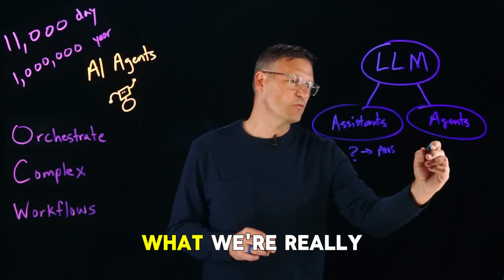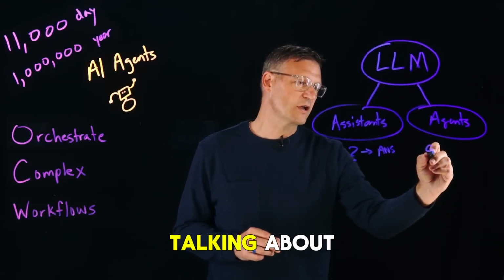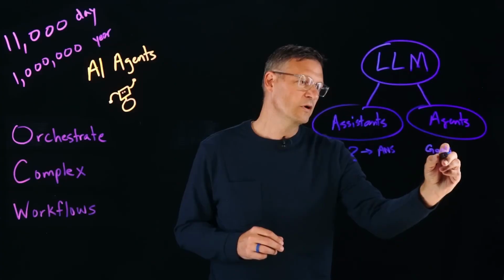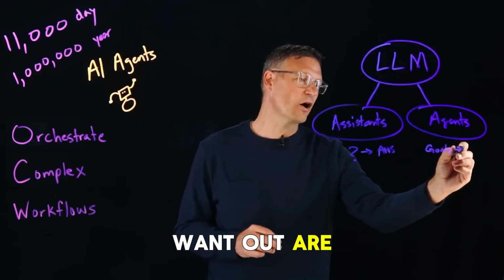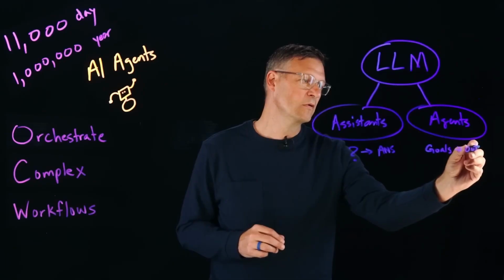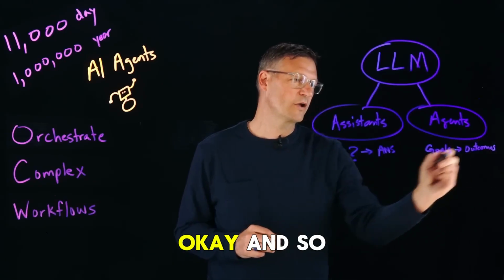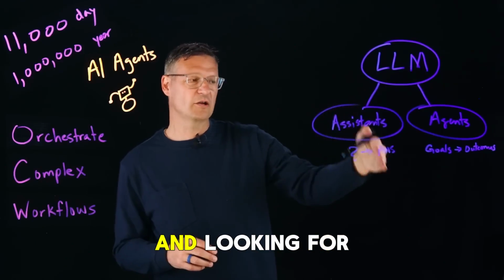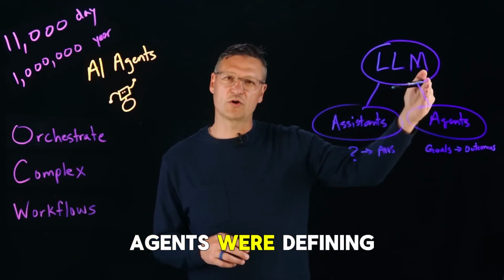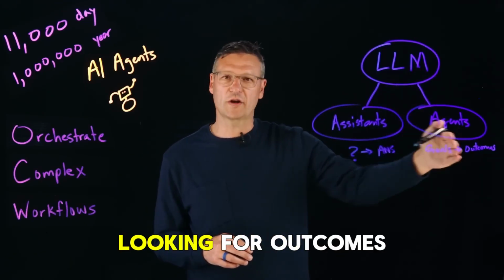So with agents, what we're really doing is defining goals, and then what we want out are outcomes, okay? And so again, with assistants, we're sort of asking questions and looking for answers. With agents, we're defining goals and we're looking for outcomes.